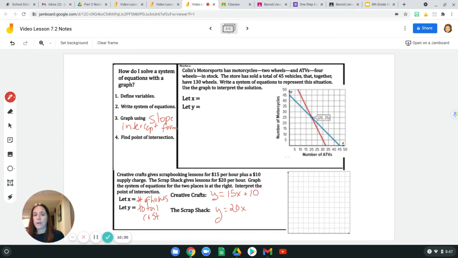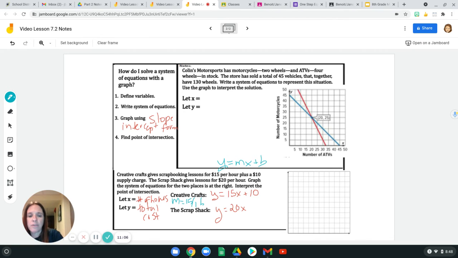All right, now we're going to pick out the information that we know about each of these from what we know about slope-intercept form. Okay, so in Creative Crafts, y equals 15x plus 10. Well, we know slope-intercept form is y equals mx plus b. So we can tell our slope in Creative Crafts is 15 over 1.